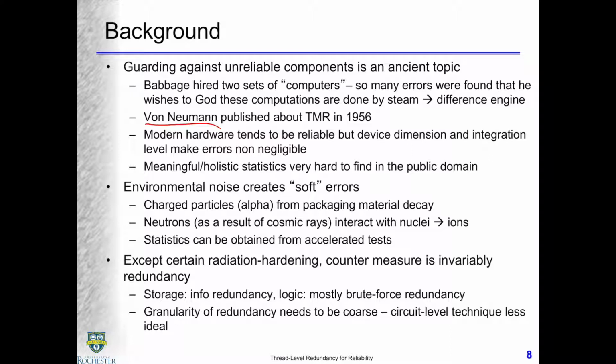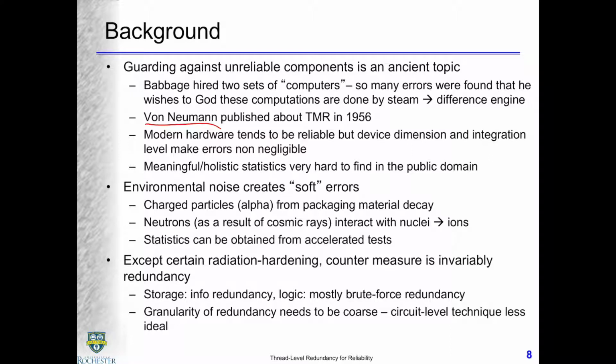Modern hardware tends to be much more reliable, so for a long time it's sort of not a problem, so we forget about all of this. Now environmental noise starts to become a problem because we are really deep into nanoscale systems. So charged particles, neutrons can interact with your nuclei and spit out ions that can impact your system.